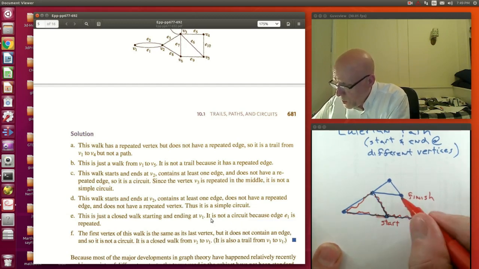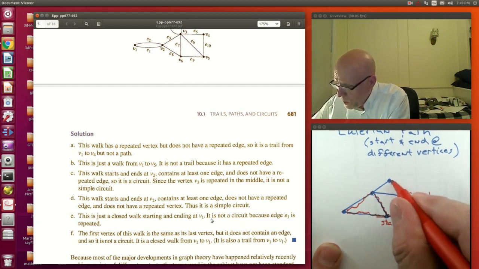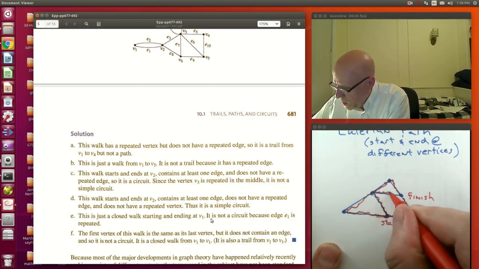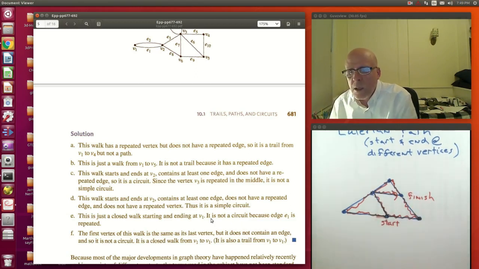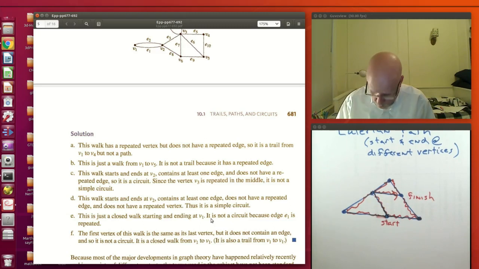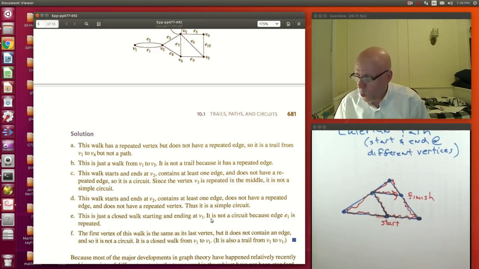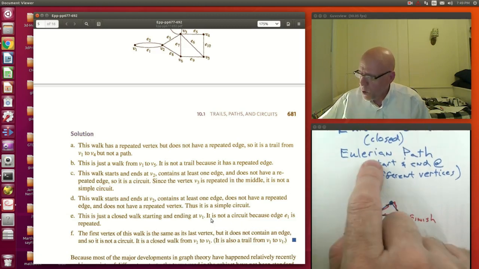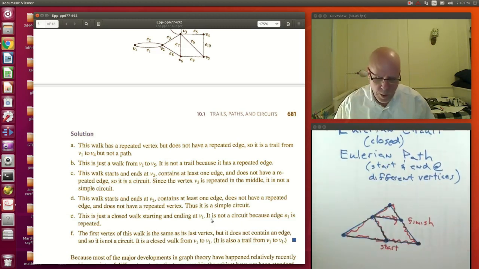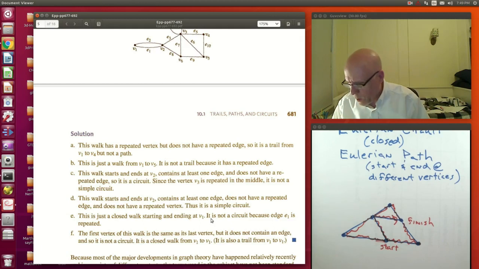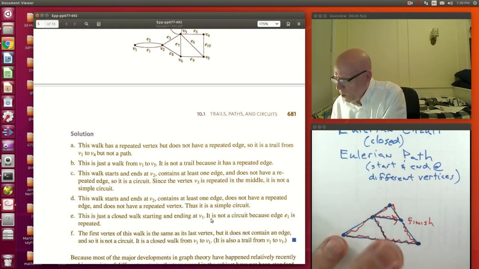I hit the finish, but I'm not done, so I have to keep going. Then take care of that edge, and then that edge, and I finished. So I just showed you an Euler path, or I prefer the phrase Eulerian path. A lot of people just say Euler without turning it into an adjective.